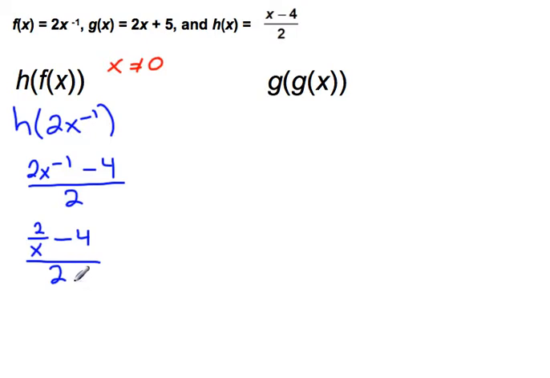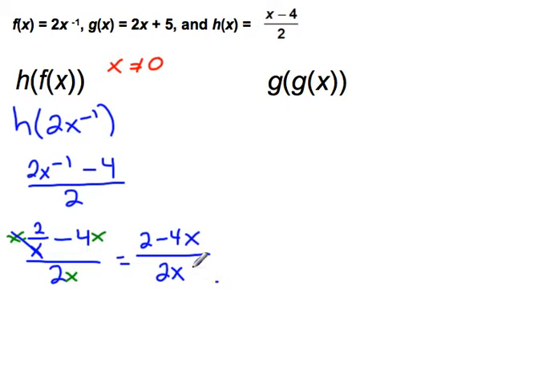So what I'm going to do for this problem is multiply this by x, I'm going to multiply this by x, I'm going to multiply this by x, and then you'll see what happens. These x's will factor out, which leaves me with 2 minus 4x in the numerator over 2x in the denominator.